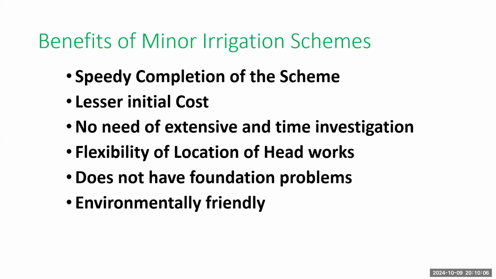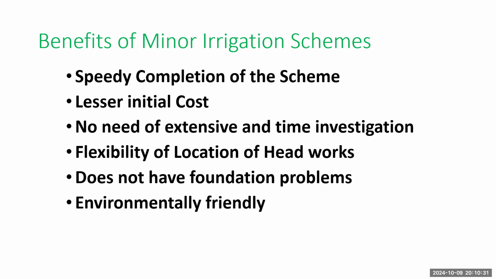Hence, the government is now giving importance to implementing minor irrigation. So what are the benefits of implementing minor irrigation schemes? The time required to complete the project is very less, so speedy completion of the scheme is possible.